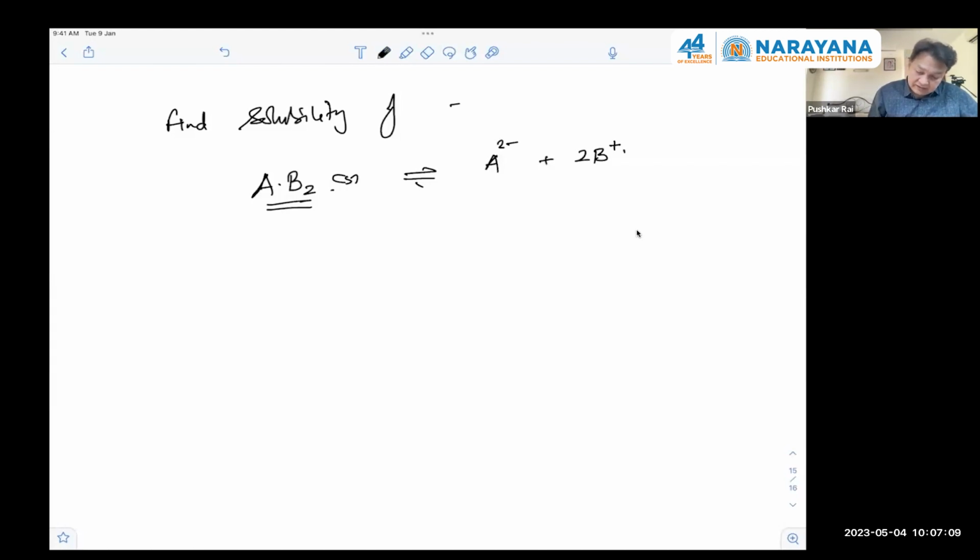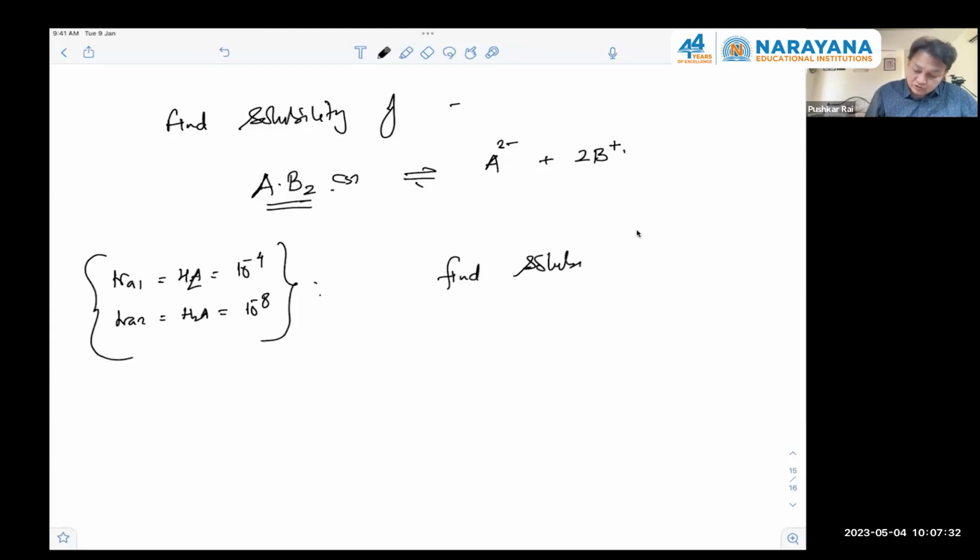And here A2 negative can form two equilibria. Suppose K1 of HA is equal to 10 to the power minus 4, and K2 for H2A is equal to 10 to the power minus 8. And if I ask you, find the solubility at pH equal to, say, 6. Find the solubility at pH equal to 6.